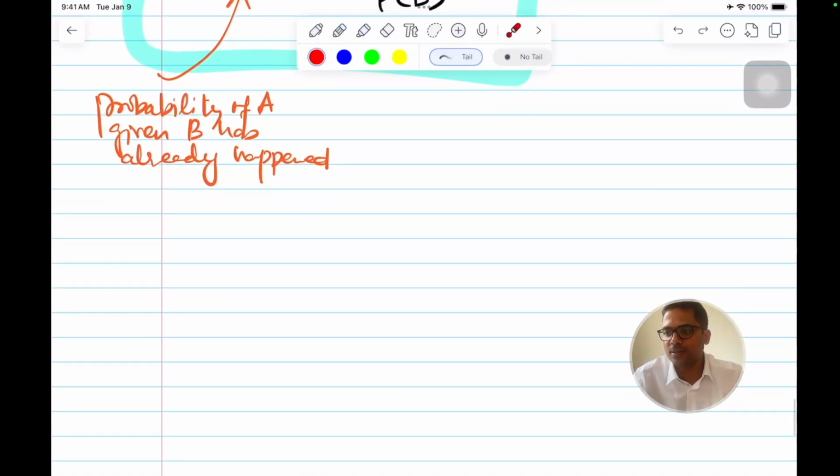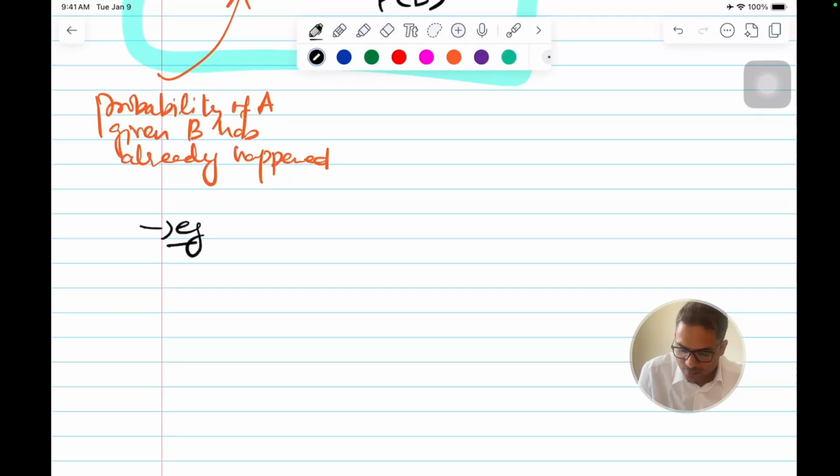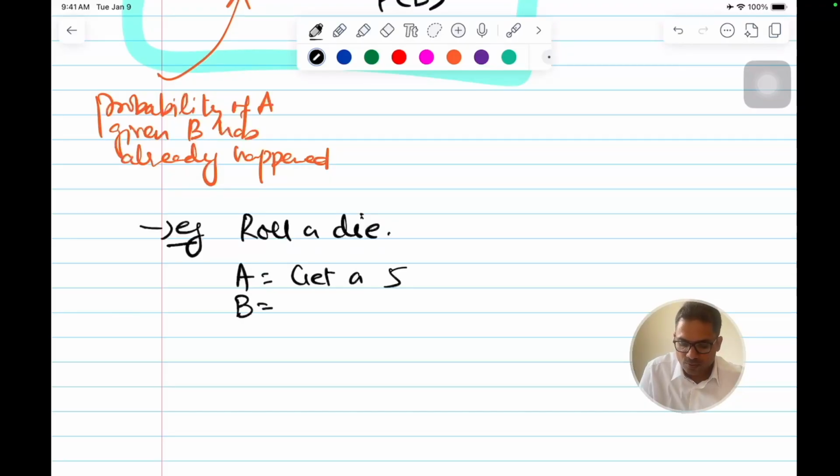For example, I roll a die. I'll define two events. A is equal to I get a 5, and B is equal to I get an odd number.